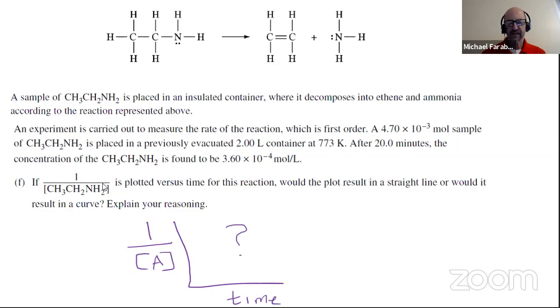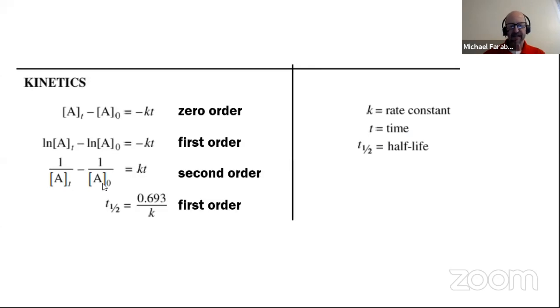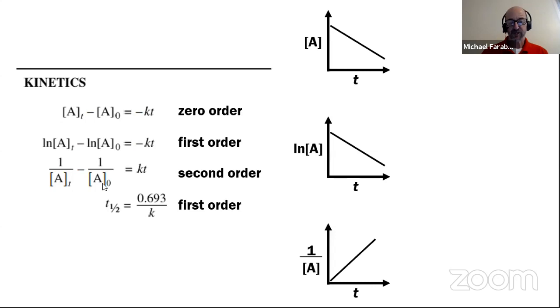Okay, so 1 over the concentration versus time, would that give me a straight line or a curve? As I mentioned, this is zero, first, and second order. You should know this, and you can tell from this information that when you plot concentration versus time, you get that falling straight line where the slope is equal to negative k.